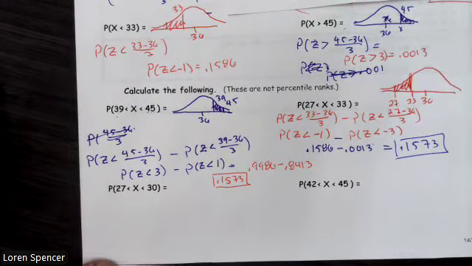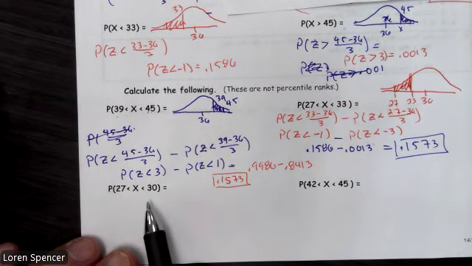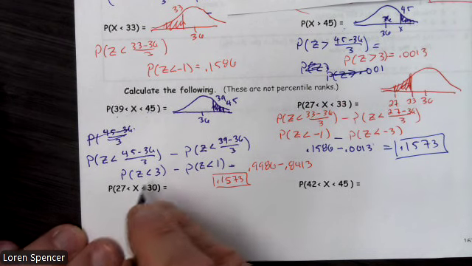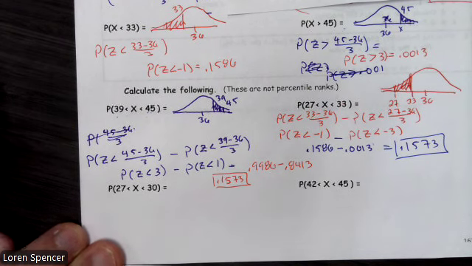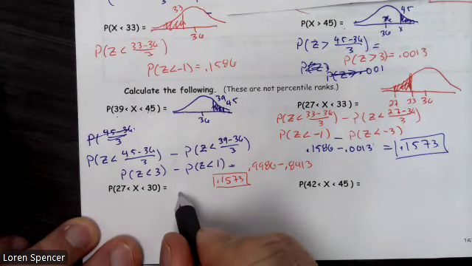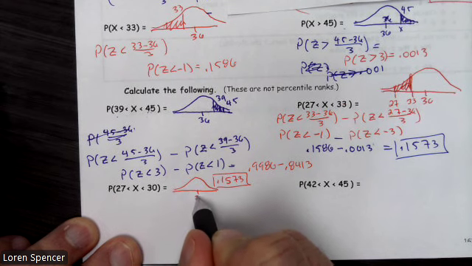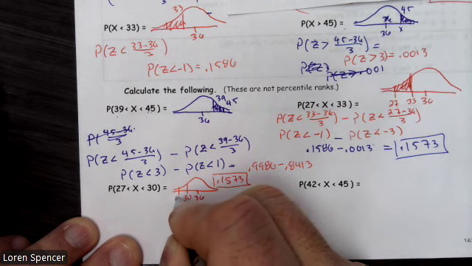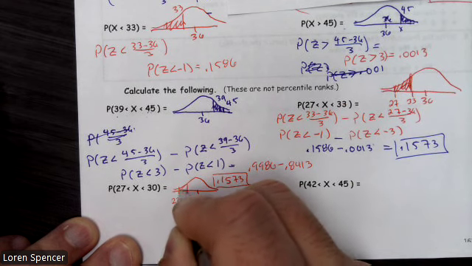All right, last two. Probability that 27 is less than X is less than 30. So once again, we start off with a higher value. Well, I'll draw the picture just to be consistent. There's my mean of 36. 30 is somewhere down here. 27 is a little further down here.